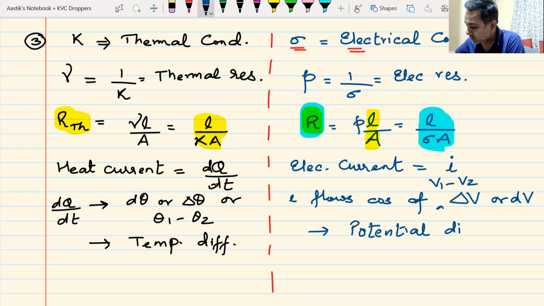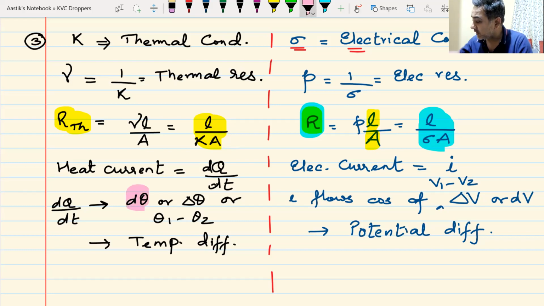Which term is doing what here? The job that was done by potential difference in electric current, the same job is done by temperature difference in thermal current or heat current.